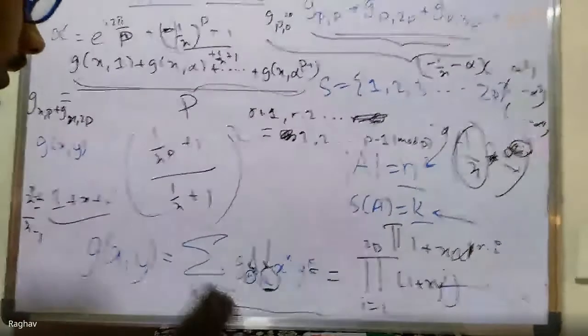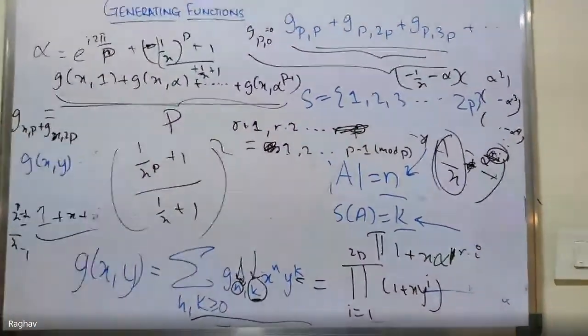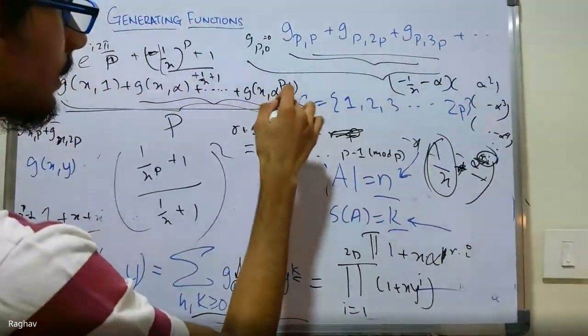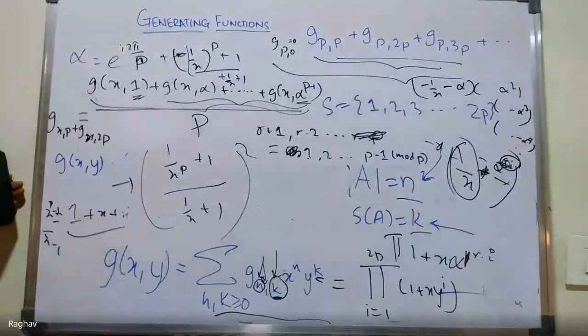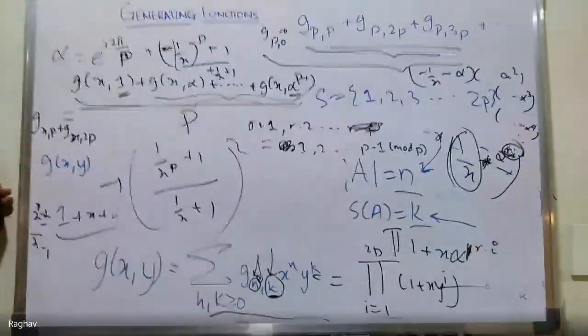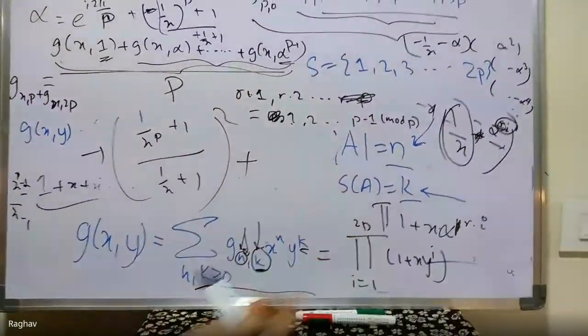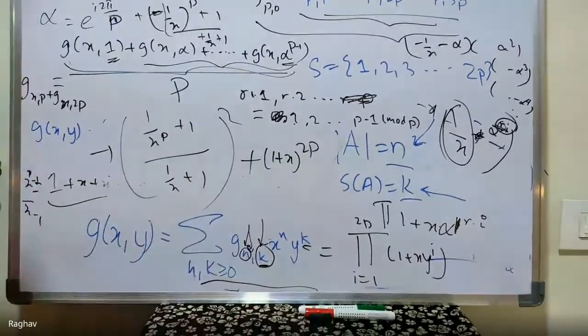So now all that is left is just putting x equal to p. So g of all of these for the not equal to 1 terms will just come out to be this. Right? And now for g x 1, there's just pi 1 plus x, so there's just 1 plus x to the 2p. Correct?